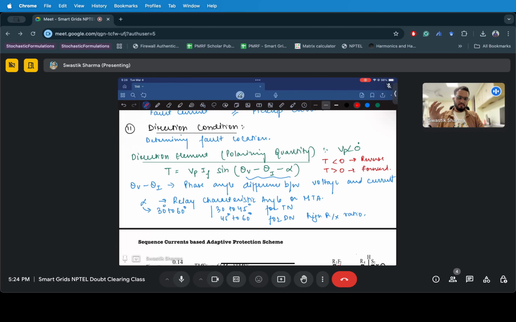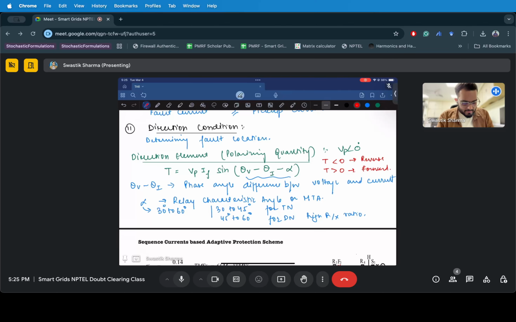Whenever you get a relay, there is this internal phase shift that it specifies, plus 90 degrees or minus 90 degrees. The voltage and current phasors can be phase shifted with respect to whatever they are experiencing, but the relay internally phase shifts the angle by 90 degrees, so that at maximum torque angle, if theta V minus theta I is equal to alpha, it is equal to 90 degrees. So that is present inside of it inherently, right?